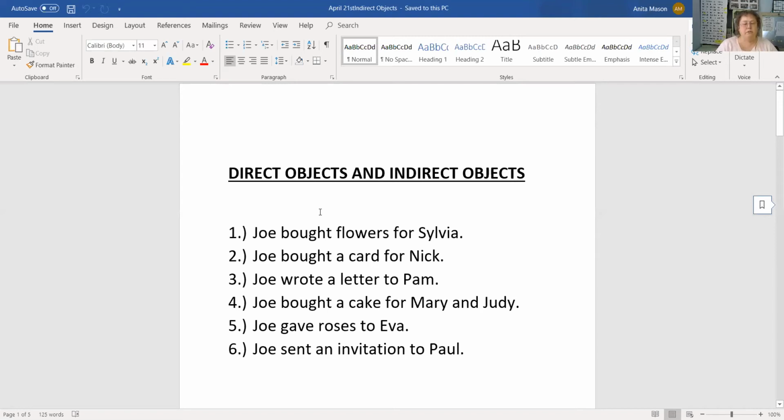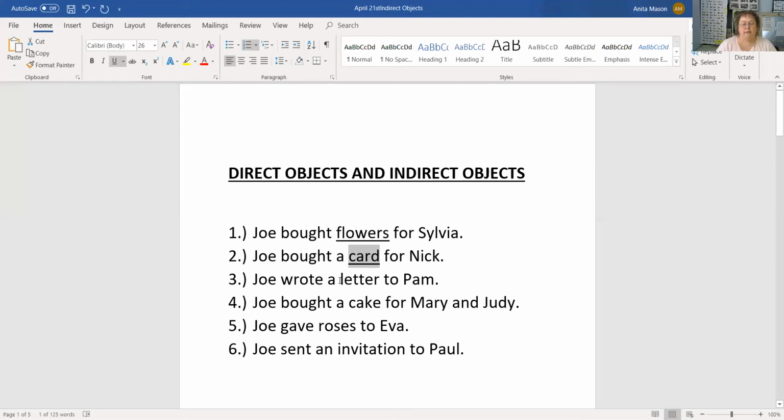So what we're going to do is we're going to underline the direct objects. So Joe bought what? Joe bought flowers. So that's your direct object. Number 2, Joe bought what? Joe bought a card. So card is your direct object. Number 3, Joe wrote what?